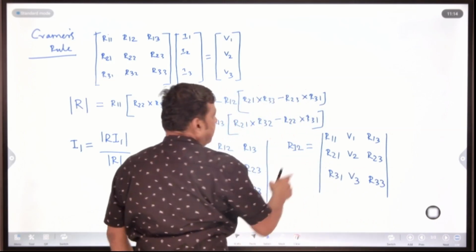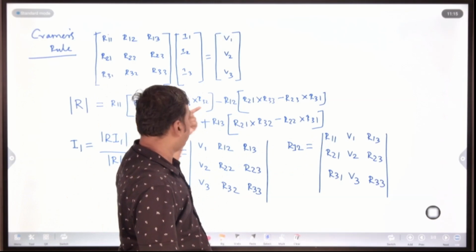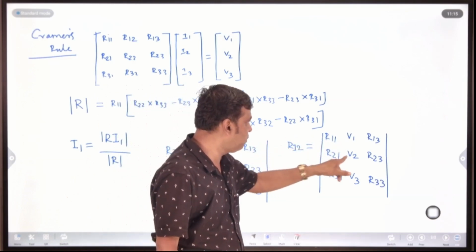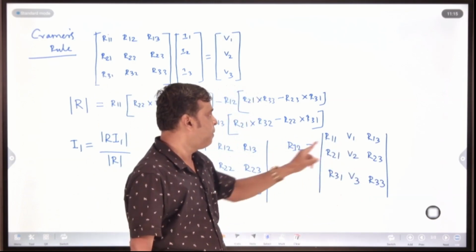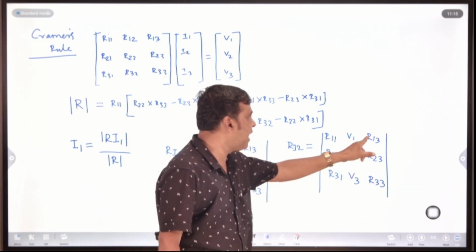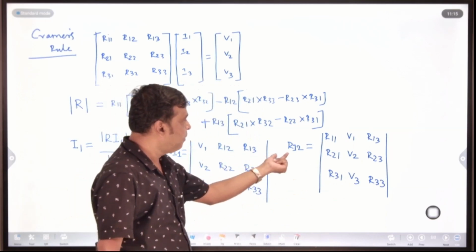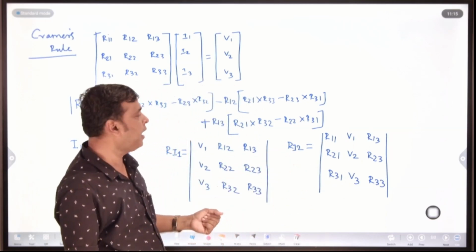Once you get Ri2, the same procedure as before: this into this whole, minus this into this, minus V1 into this minus this into this, plus R13 into this minus this into this. You can find out the value of Ri2.